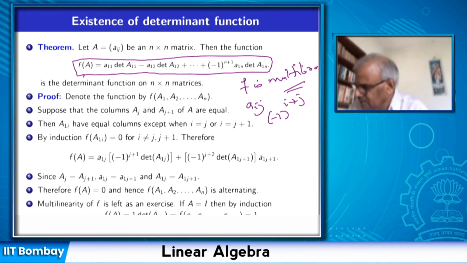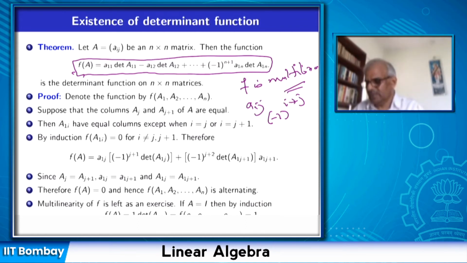Then I look at the next entry, A22, and the sign will be minus 1 to the power 2 plus 2, times the determinant of A22, and so on. So you have to be careful about copying this formula for the determinant function obtained by fixing any row or any column. The signs matter here. Therefore we have many formulas for the determinant, but we have proved that the determinant function is uniquely determined.